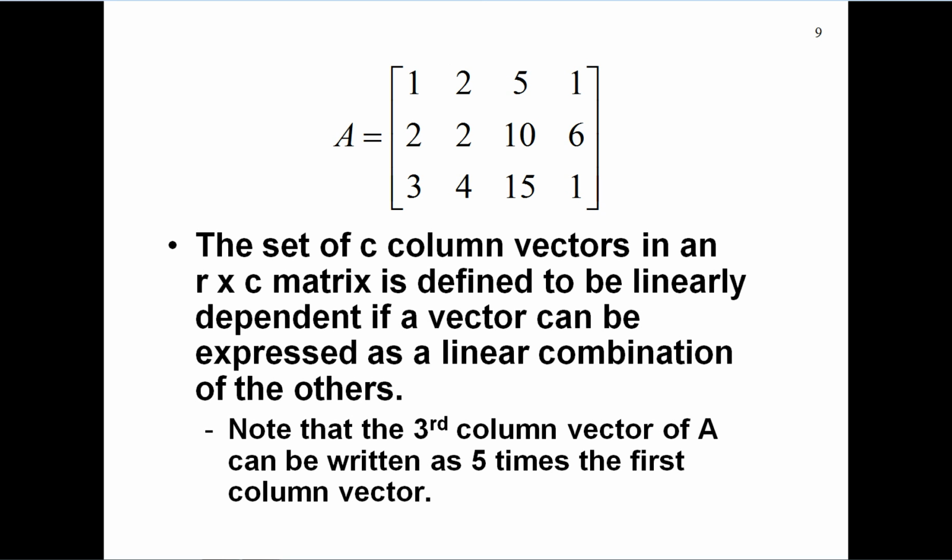We say that a set of vectors in a matrix is linearly dependent if one of the vectors, that is, if one of the columns, can be expressed as a linear combination of the others. Now notice in the particular example that you see here, column vector 5, 10, 15, that's column 3, is 5 times column vector 1, which is the 1, 2, 3. And so we have linear dependence in this particular matrix A on this particular slide.